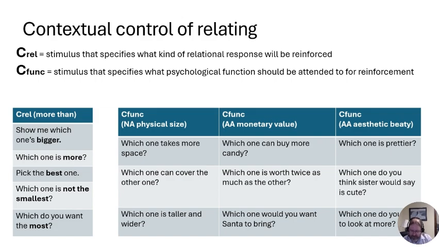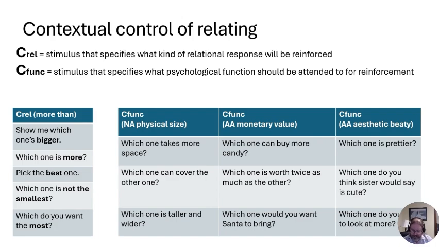And so on the left column, I'm giving examples of the kinds of questions that you would hear over and over as a child growing up that would help you develop this CREL and know what kind of relating is being asked. So show me which one's bigger, which one is more, pick the best one, which one is not the smallest. All of those are helping you build an understanding of the CRELs, what kind of frame is being asked for here.